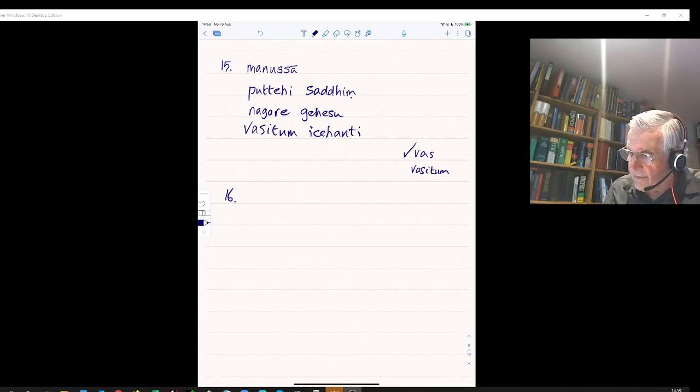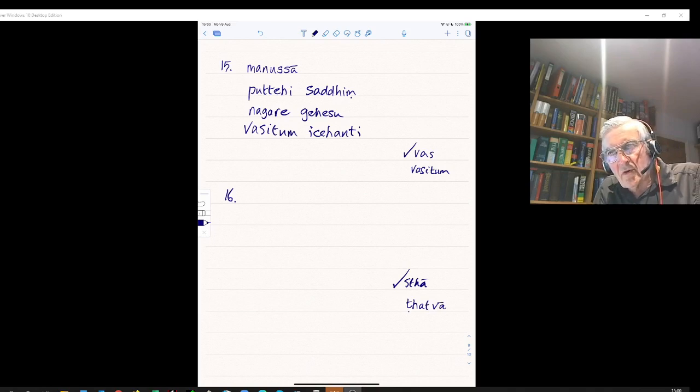And thatva, having stood, from the root stha, we can make thatva slightly irregular. So having stood on the rock, pasana, rock, locative pasane or pasanasmim.